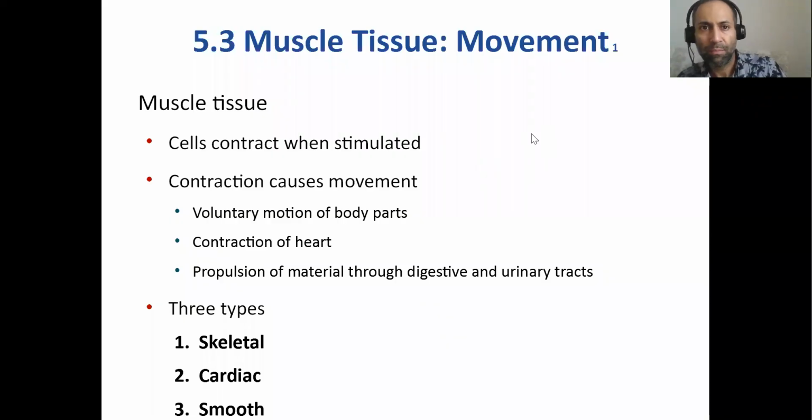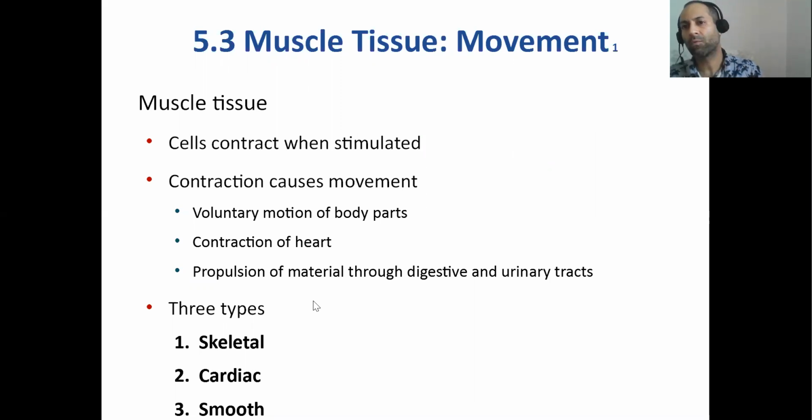So the next step, what we have is muscle tissue. And again, remember the four types: epithelial, connective, muscle, and nervous tissue. So the muscle tissue itself is made up of these three subtypes, as you can see here: skeletal, cardiac, and smooth. Even though you have these three different classes, the underlying action and mechanism of function is the same, okay?